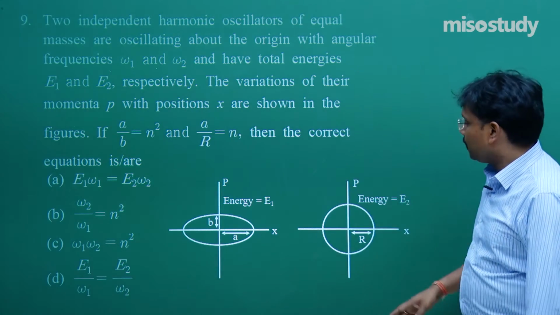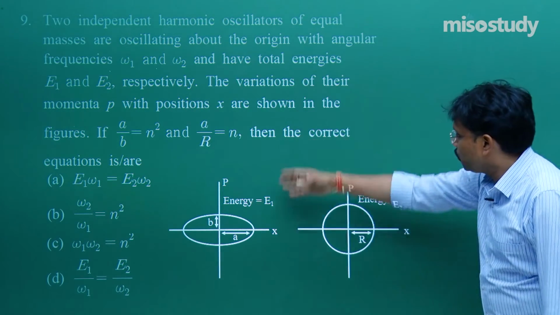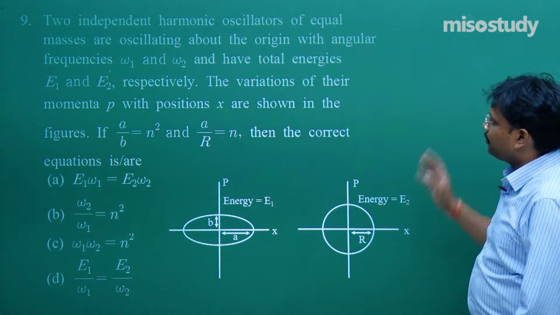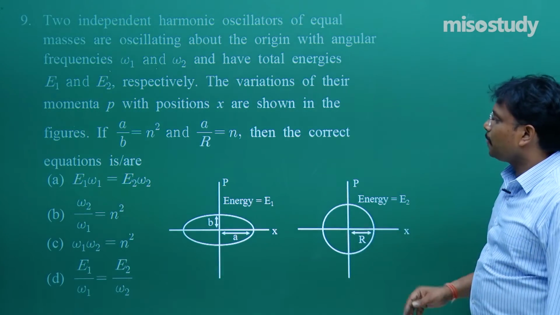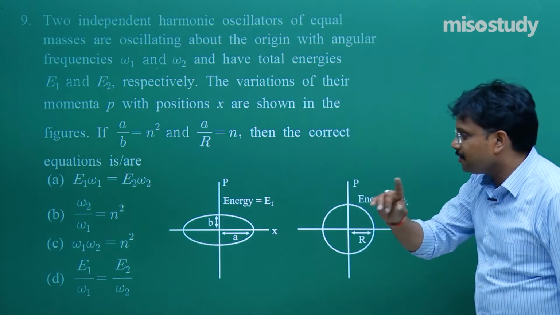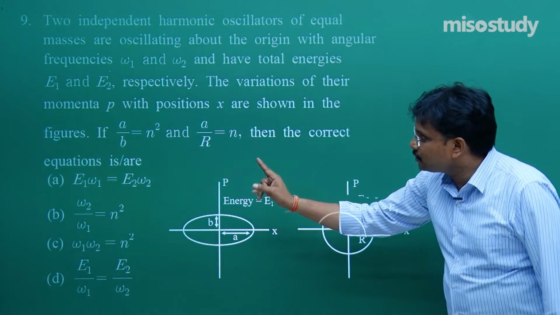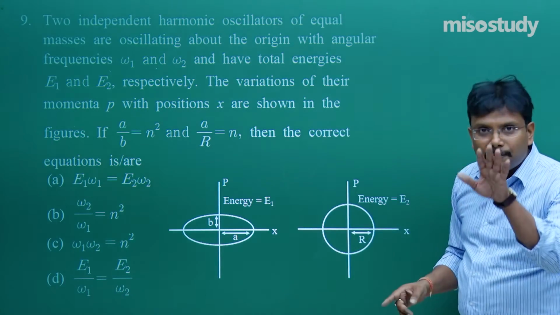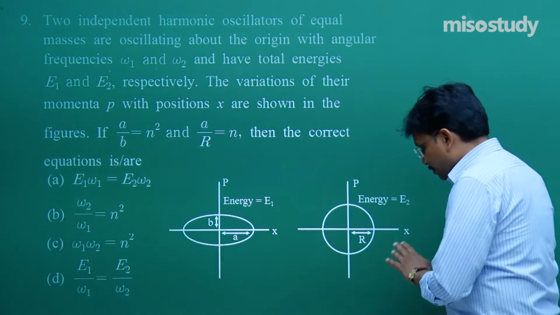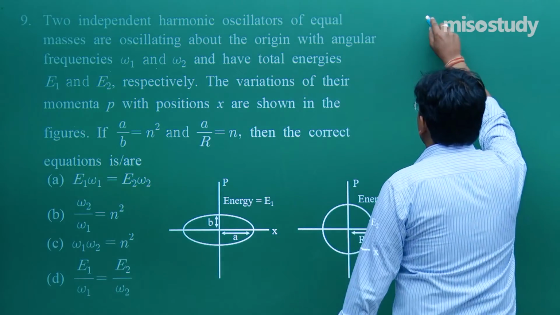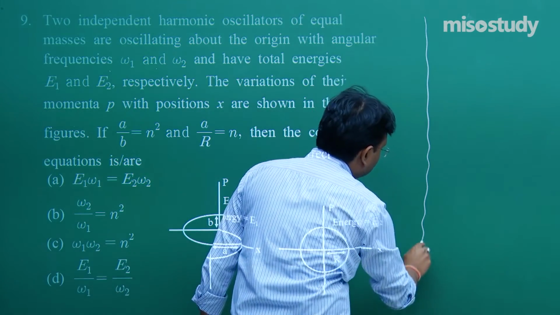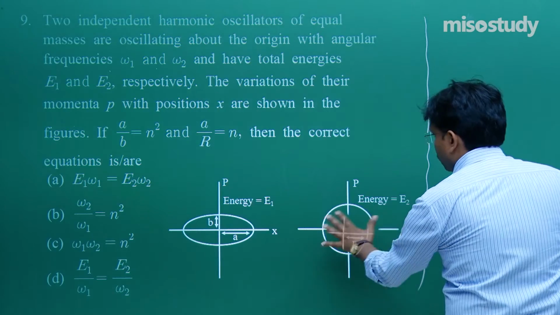So what I will do, as no space is here, I will use this space and then explain what the correct equations are. Basically you have to find the relation between energy and angular frequency. So this is the simple approach. Let me write it down. For the time being, I am going to hide all these things.